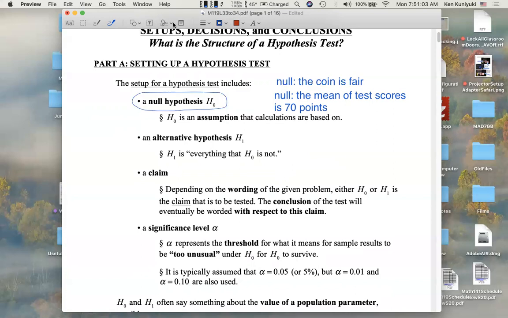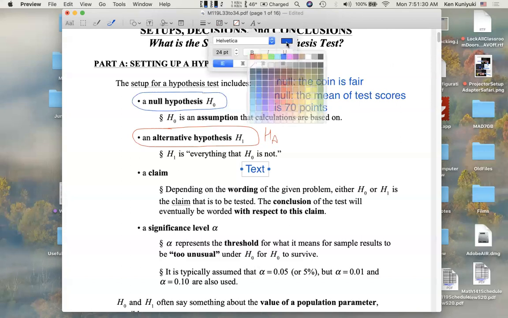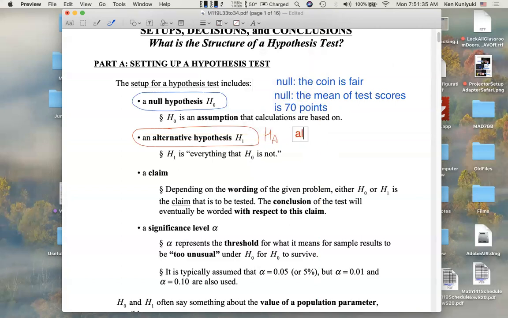Now, we live in a world where either the null hypothesis is true or the alternative hypothesis is true, H sub 1 or maybe H sub A. Again, the alternative hypothesis is everything that the null hypothesis is not. So for example, the alternative may say that the coin is not fair or that the coin is biased.